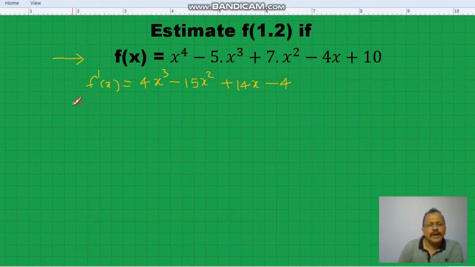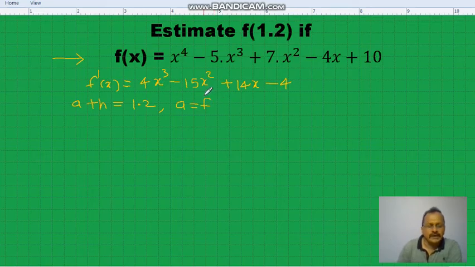Now we should have a plus h equal to 1.2. So choose a such that you can find f of a easily. Here I can find easily the value of f of 1.